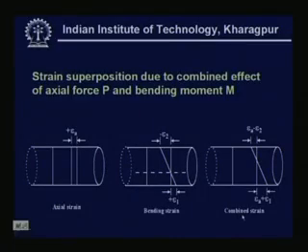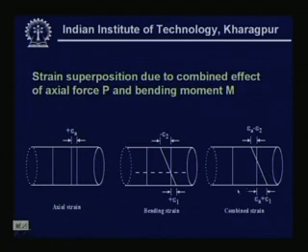The genesis of this superposition lies in the strain superposition due to the combined effect of axial force P and bending moment M. This is just an example, with an axial force P and a bending moment M. Why has this example been chosen? Because axial force creates a normal stress and bending also creates a normal stress.